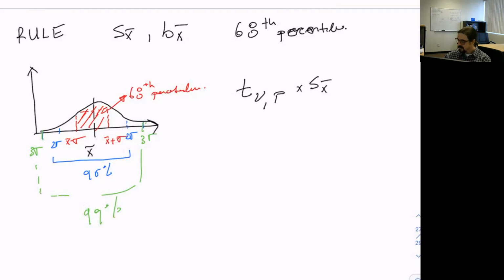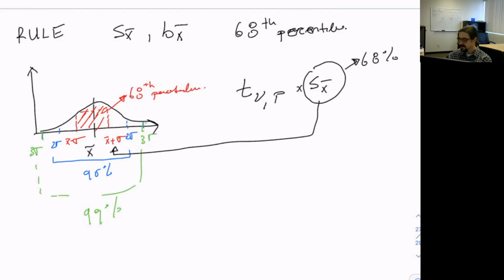So Sx bar, as calculated, is always at the 68th percentile. Again, Sx bar is directly proportional to your standard deviation, and therefore it is at the 68th percentile.